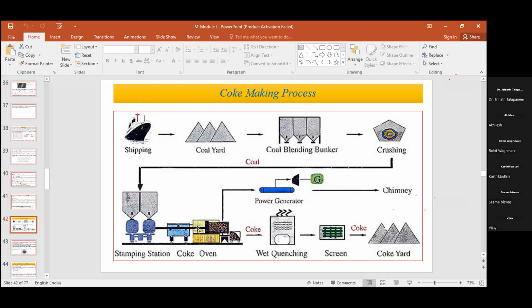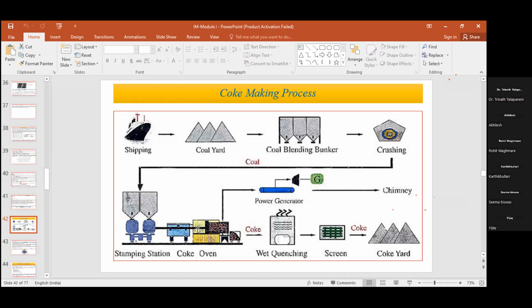Once the cooking is done, this entire coke will be pushed from the oven into the quench car, where the quench car is again moved to the quenching station, where the red hot coke is subjected to the cooling process. There are again two different techniques: you can go with dry cooling and wet cooling.